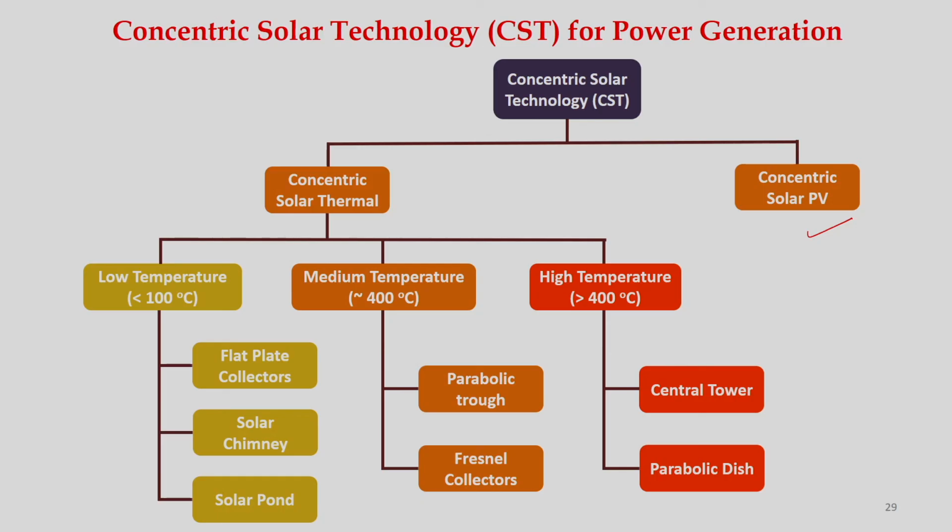And for high temperature applications, we will go for central power tower receiver systems and parabolic dish systems, right. So, we can generate electricity by using thermal energy, by using these routes, and we can generate direct electricity from solar energy by using solar PV technologies, right.